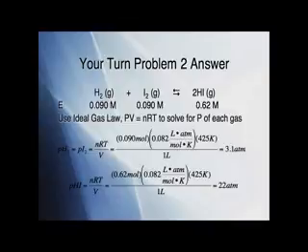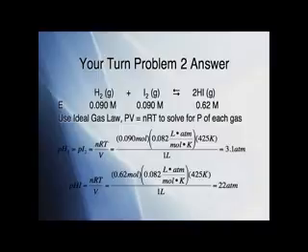Because the number of moles of hydrogen equals the number of moles of iodine gas present, we can solve for both of those, because if the moles are equal, then the pressure exerted by that quantity of gas will be equal. So pressure will be equal to nRT divided by V. So we plug in our numbers, 0.090 moles times 0.082 liters times atmospheres per mole times Kelvin times 425 Kelvin.